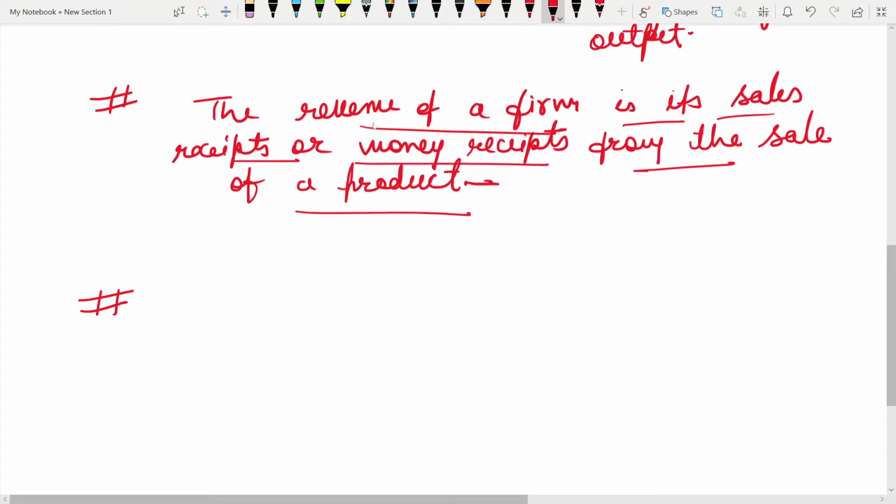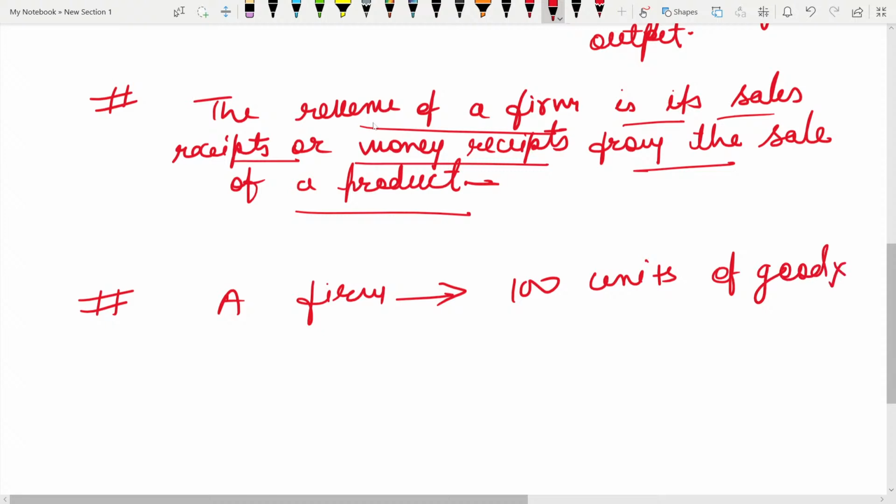Let's suppose a firm has 100 units of good X. He wants to sell these entire 100 units of goods in the market, so he went to the market and sold the entire units of good X at some price.